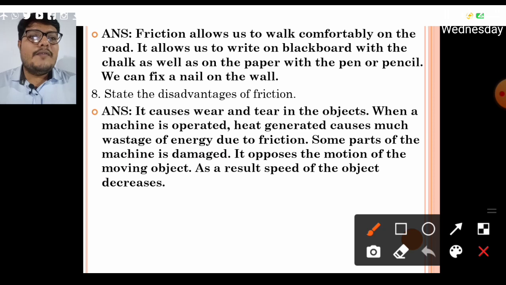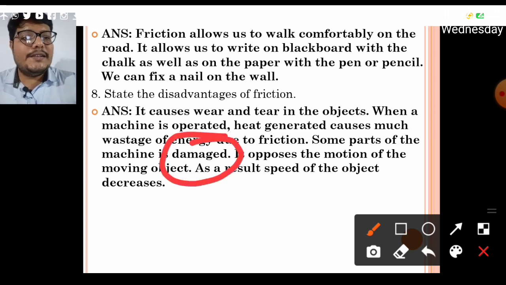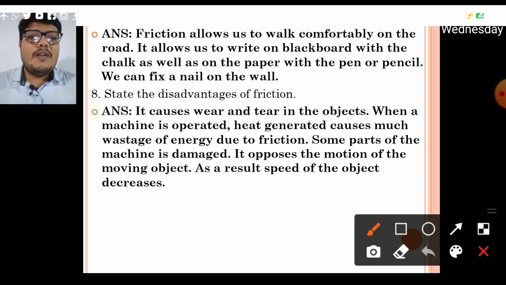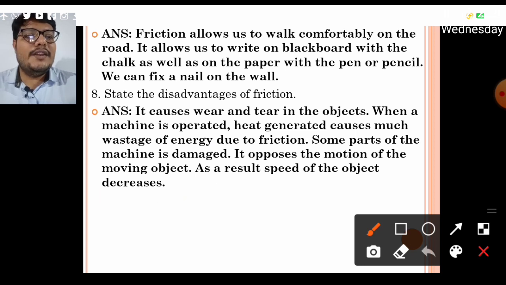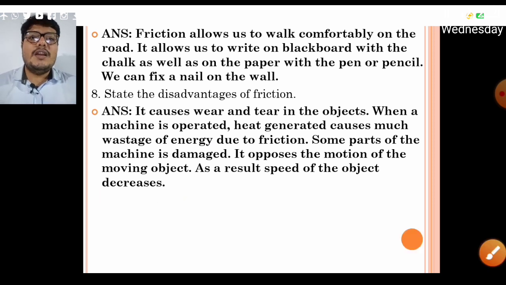Due to friction, some parts of the machines get damaged. It opposes the motion of the moving object, and as a result the speed of the object reduces. So those are the disadvantages.